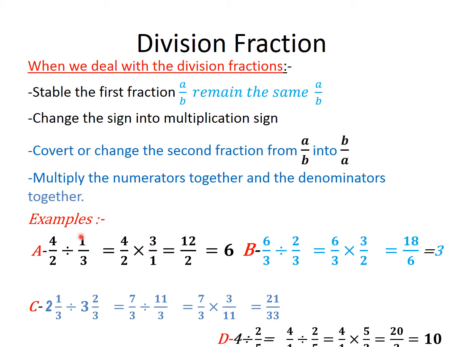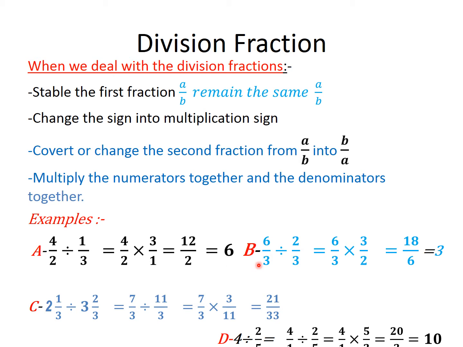From 1 over 3, it will be 3 over 1. The last one is multiply the top numbers together and the bottom numbers together. 4 multiply 3, it will be 12. 2 multiply 1, it will be 2. And 12 divided by 2, it will be 6.